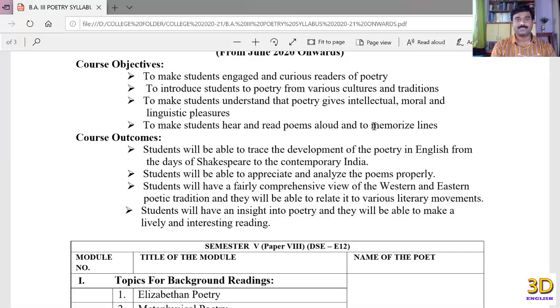So the first objective of why we are going to learn this poetry is that we want to get engaged in it, and then we want to arouse curiosity in the minds of the blooming poets, I can say, among my students. Then, to introduce students to poetry from various cultures and traditions. So we are going to learn poetry from Indian culture, American, African, and then London.